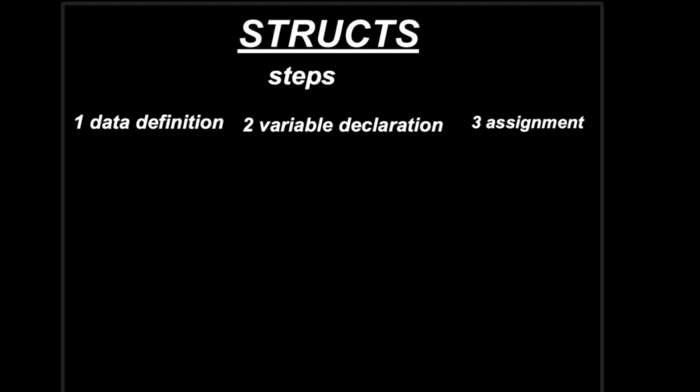So let's say I'm trying to create a variable, and I want this variable to have a character name, an integer variable, and a float variable, and your compiler needs you to tell it all of this first. That's why data definition always comes first. So if you want me to do something for you, you need to tell me the instruction first before I'm going to do it, and that's what that actually means.